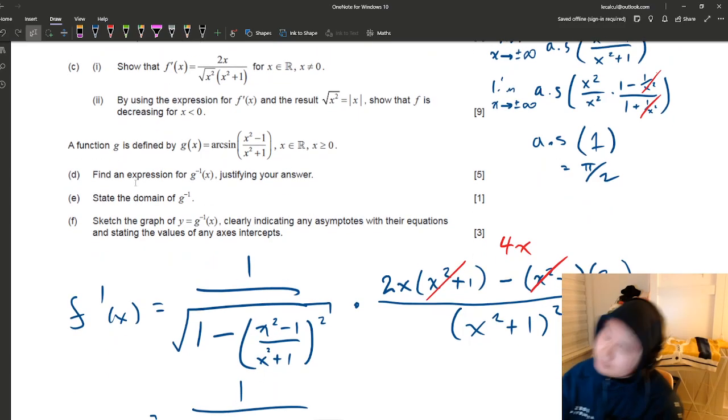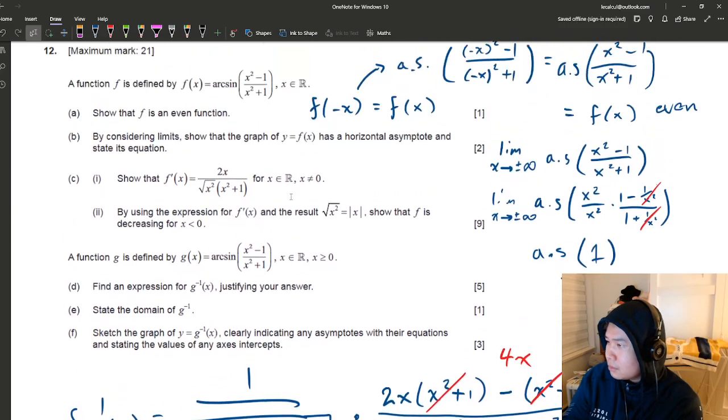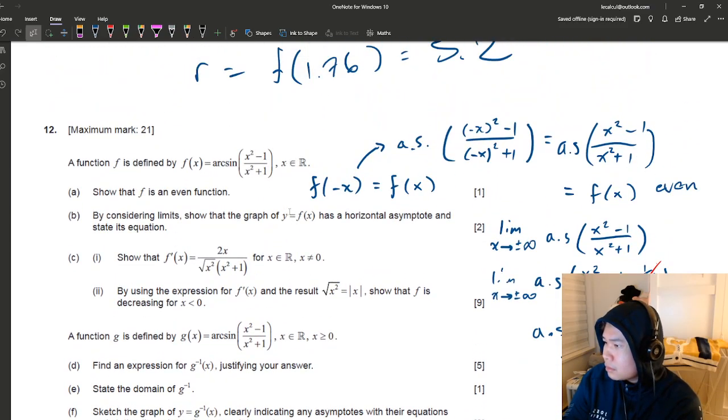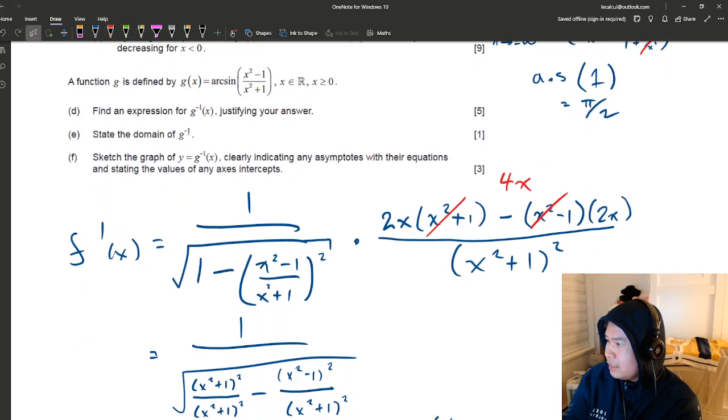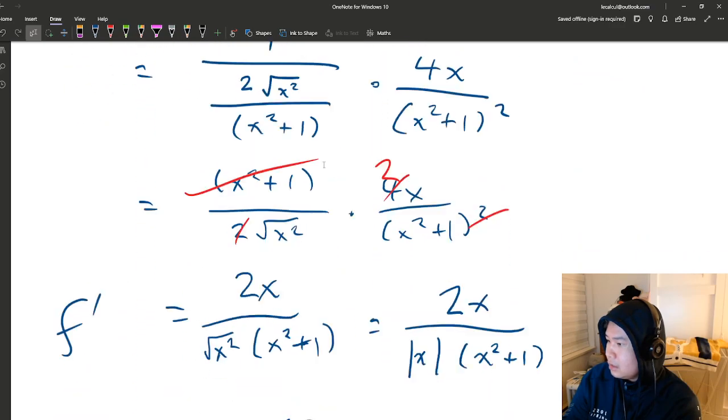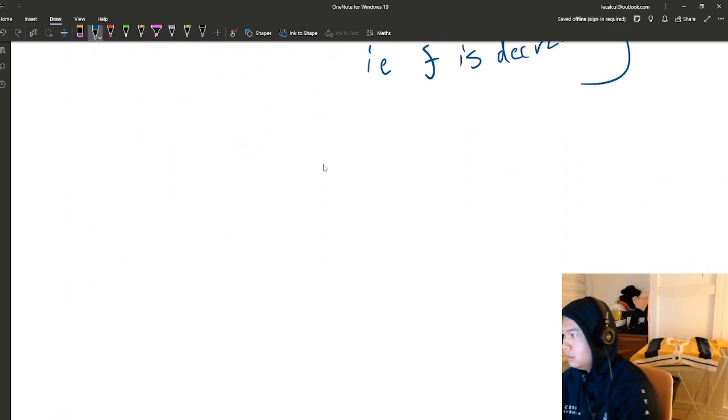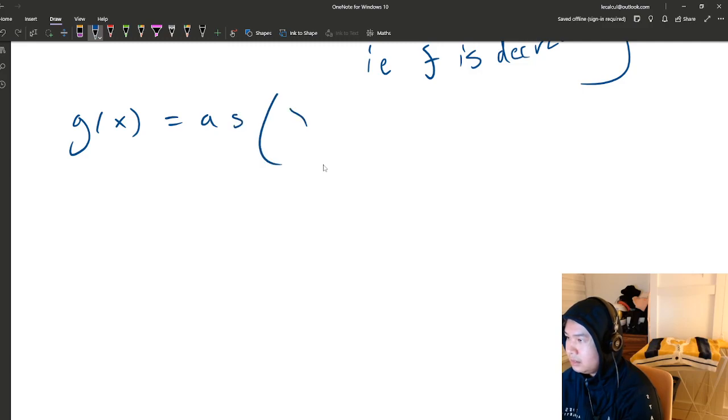Okay, we have a function g. It's the same thing, but this one's only defined for this. Find an expression for g inverse. So g is arcsine, and then it was all that stuff from before.